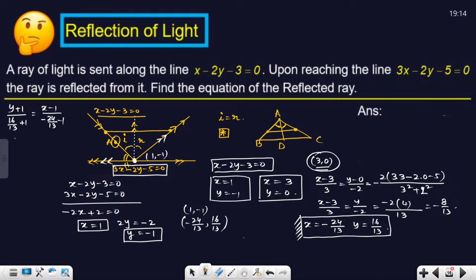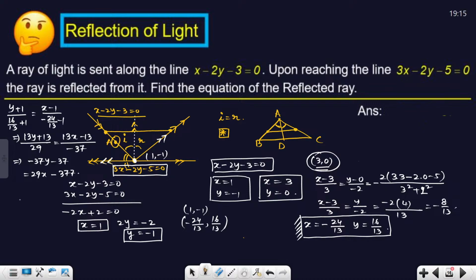So what are you getting? 13 goes off, so minus 37y minus 37 equals 29x minus 29 into 13, so it's 377.